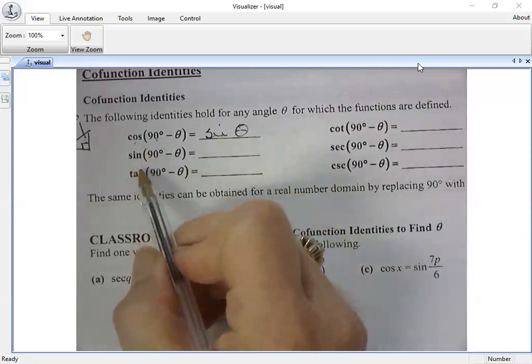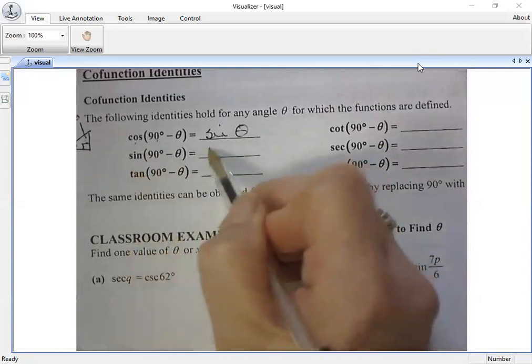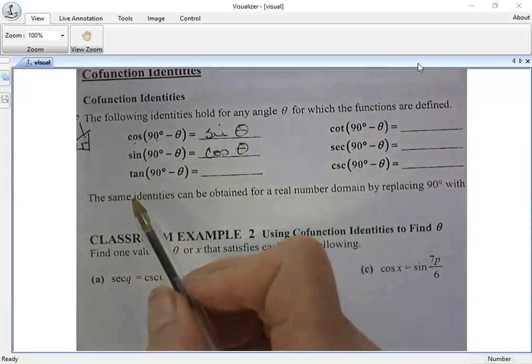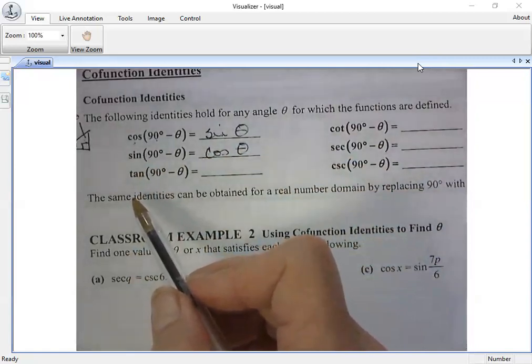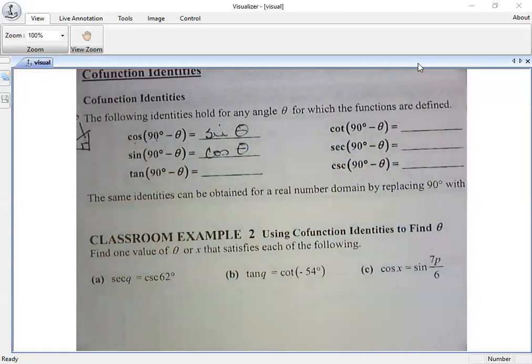What would that mean the sine of 90 minus theta is? Cosine. Yeah, cosine of theta. Okay. What about the tangent of 90 minus theta? Well, potentially we could rewrite it using sines and cosines, but we're trying to come up with cofunctions. So what is the cofunction of tangent? Cotangent.